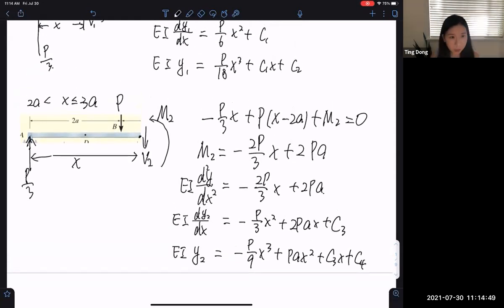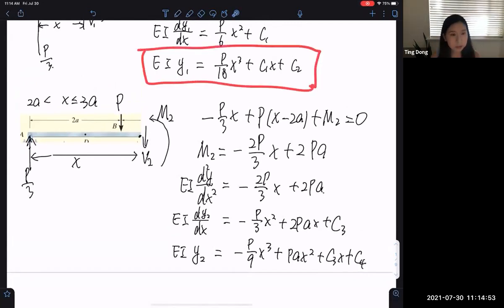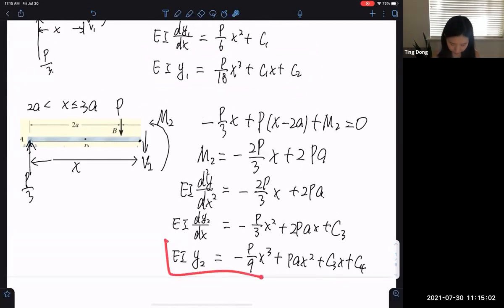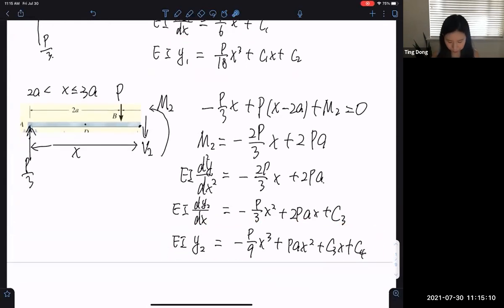So now we have this expression for deflection as a function of x when x is in the left part of the concentrated force, and this is the expression if the cutting point is at the right part of the concentrated force.